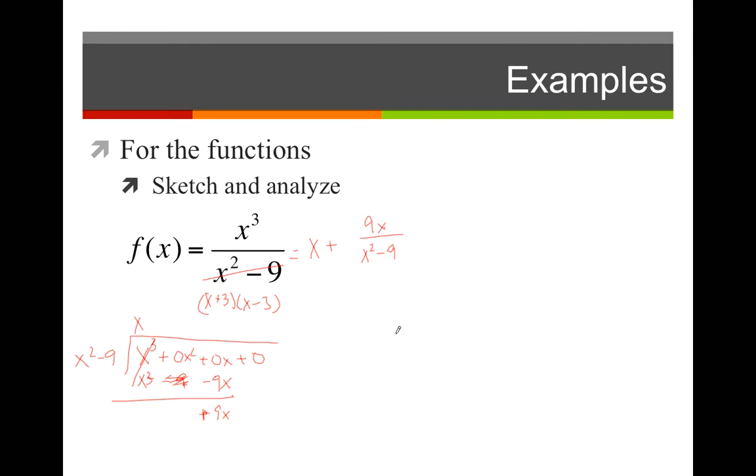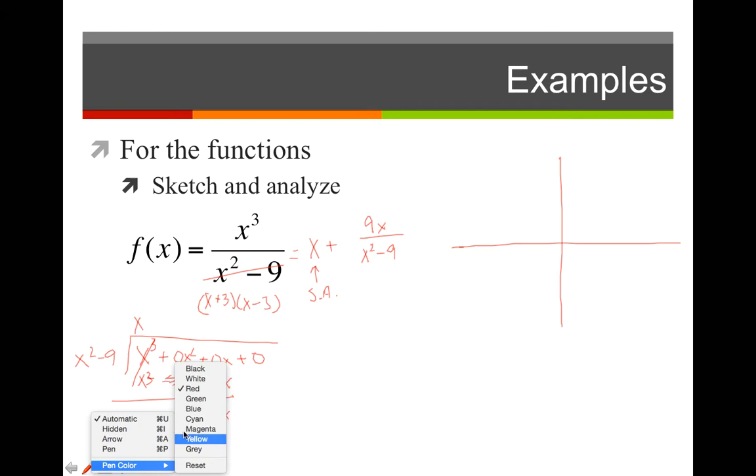Okay, so now what happens? This right here is your slant asymptote. So when I go to graph, and we go to put on some asymptotes here, let's change pen color. Let's go to green.